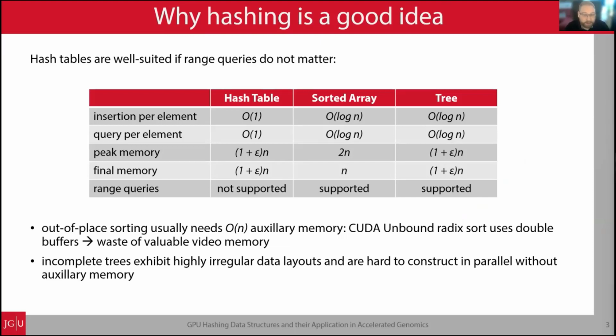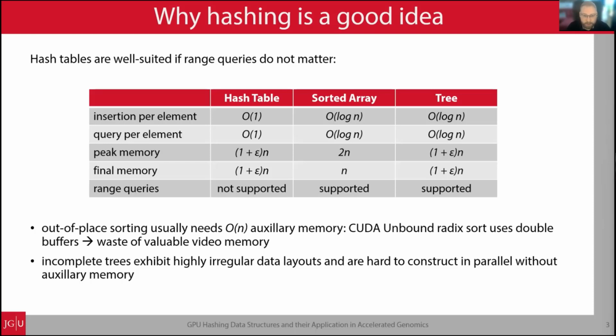Okay, so why is hashing a good idea in general? Well, hash tables are associative data structures that can map an often sparsely populated domain of keys onto a value domain. In other words, they implement a key value store. This is achieved by mapping the sparse key domain onto a dense memory domain, so a location within an array, using a hash function over the keys, along with some collision resolution strategy, which is required since the mapping itself is non-injective.